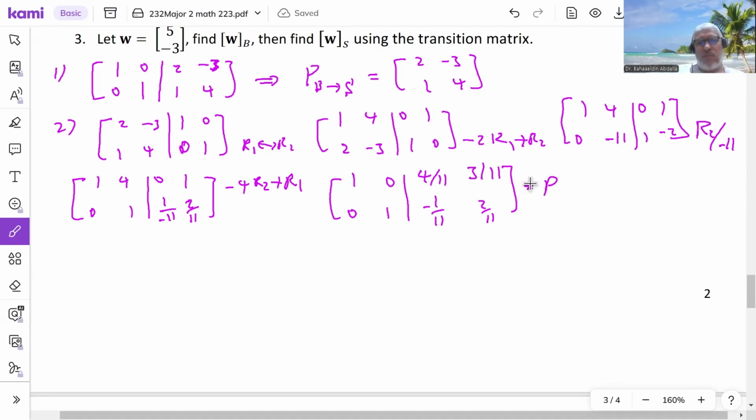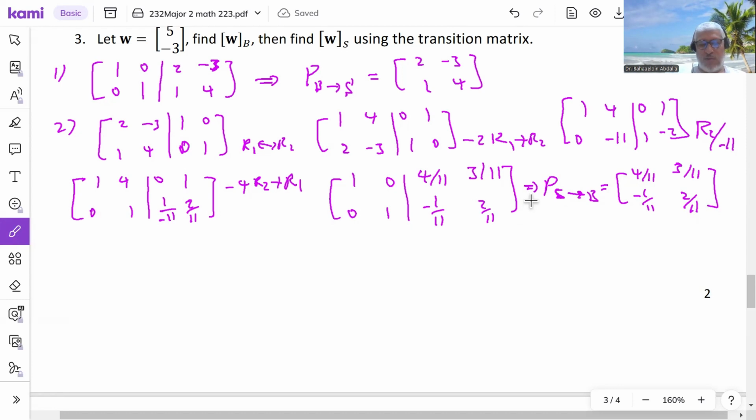So the transition matrix from S to B is equal to 4 over 11, 3 over 11, negative 1 over 11, and 2 over 11.